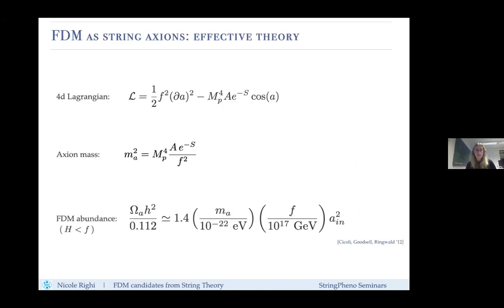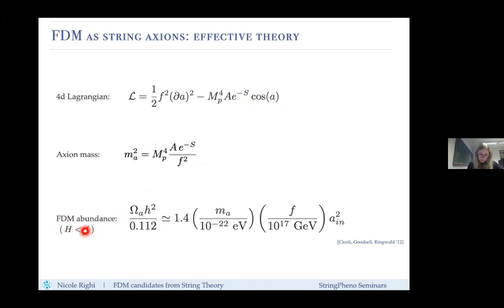So to set the notation, this is my four-dimensional Lagrangian of my axion and the typical mass scaling of an axion-like particle in string theory. But the most important thing is this formula here, which is the main formula that I will use from now on, and is the formula that we use to compute the fuzzy dark matter abundance.